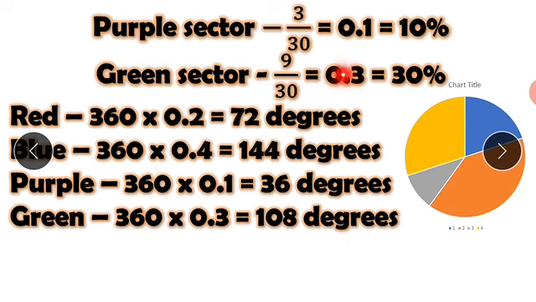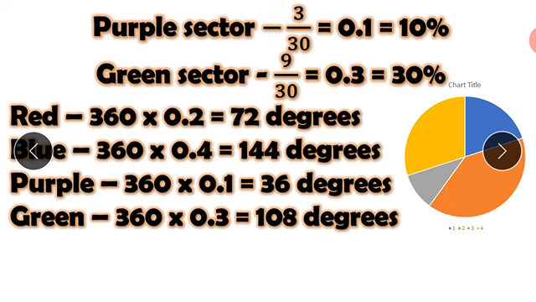After you get all the degrees, then you can draw it on a pie graph. The first one is 72 degrees, this blue color.